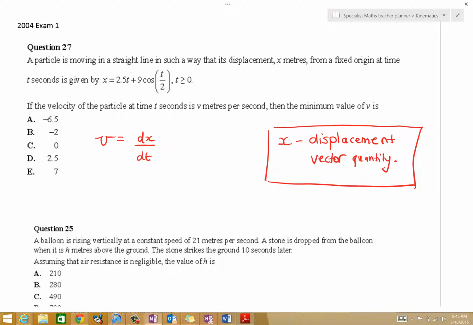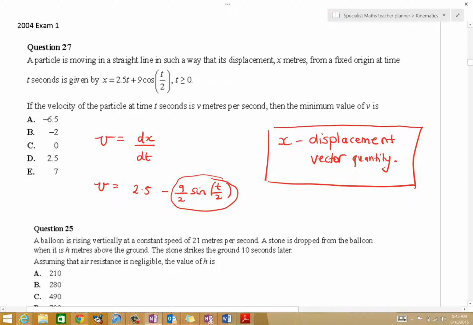Velocity equals dx/dt. So the velocity is equal to 2.5, derivative of cos is minus sine, and the minus 9 over 2 sine of t over 2. You okay with that? Now, what's the minimum? The minimum is when the sine of t on 2 is going to be 1.